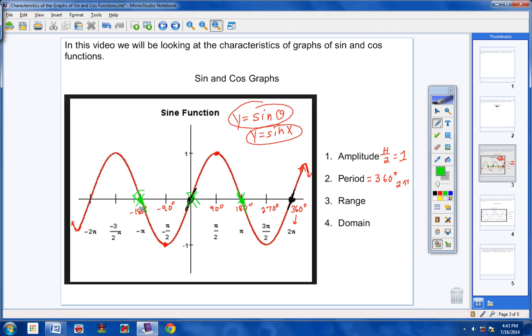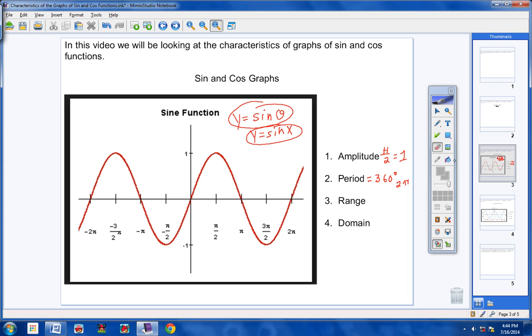So the total distance is 360 degrees. So the period of a sine or cosine function is the distance the graph travels on the x-axis before it starts to repeat itself again. And a normal sine function graph has a period of 360 degrees, or 2 pi. Okay? All right, let's continue on.